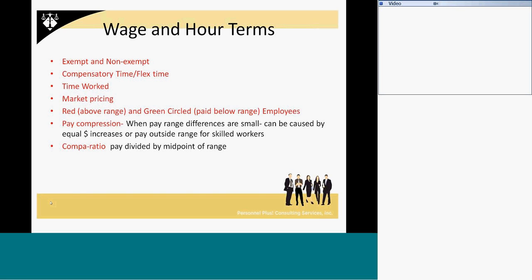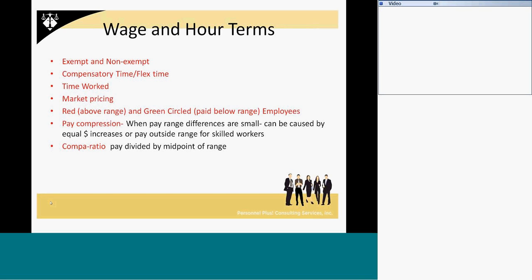Time worked refers to the concept of tracking the time that people are engaged in activities that are considered time worked. If you're interested in that subject, look at the set of federal regulations. Just type into Google 29 CFR, which stands for Code of Federal Regulations, 785.